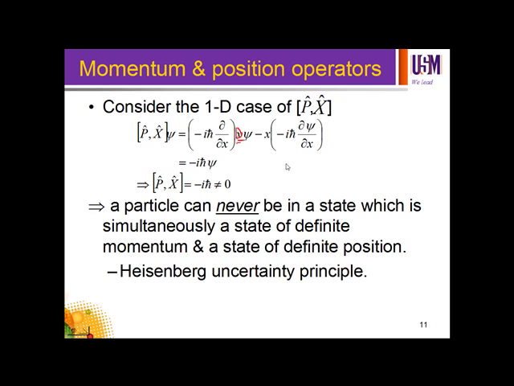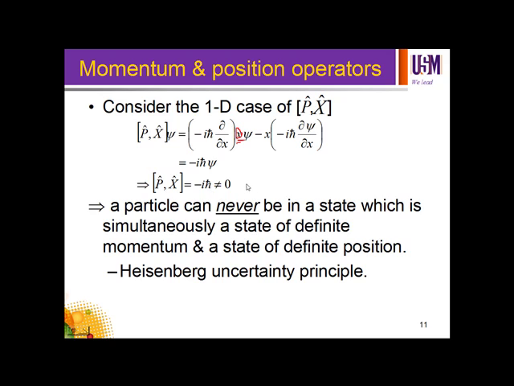So we have this solution finally, negative i h bar psi. And that means the commutator of P and X equals negative i h bar, which is not equal to 0.